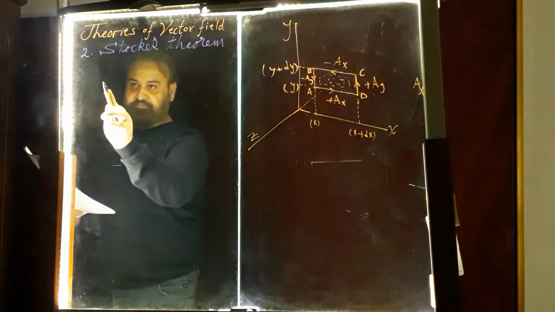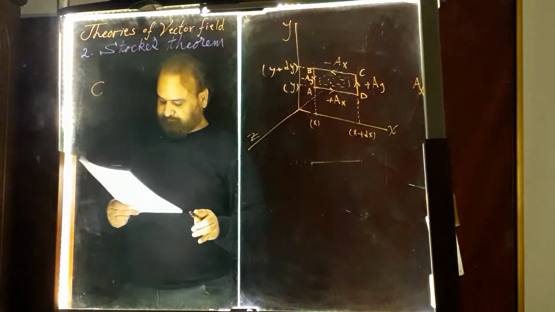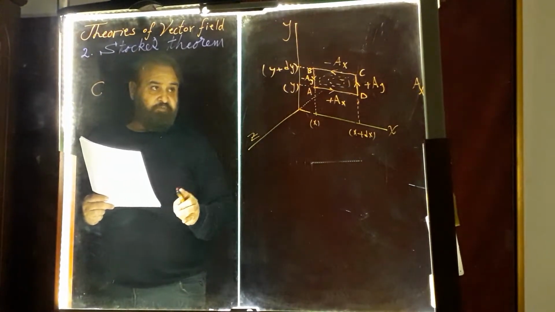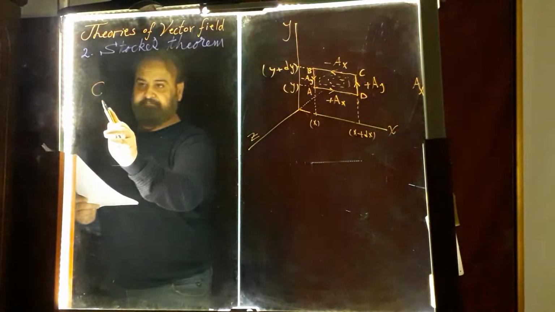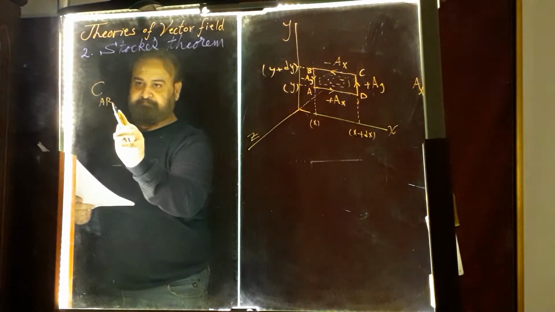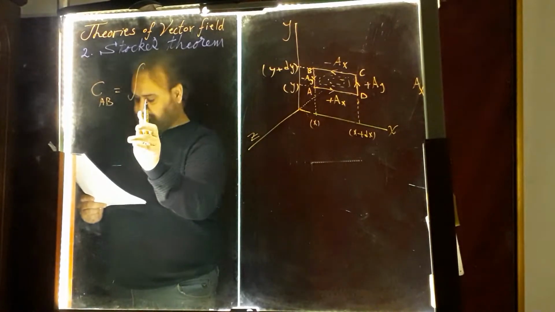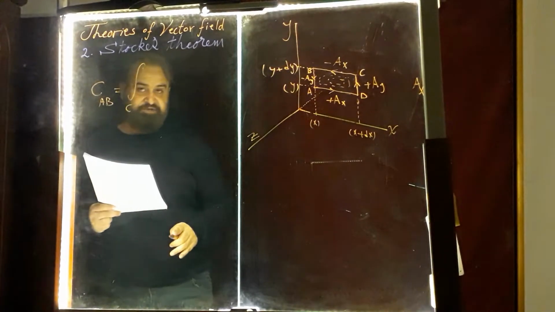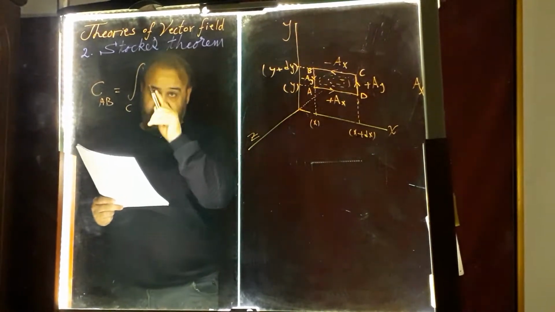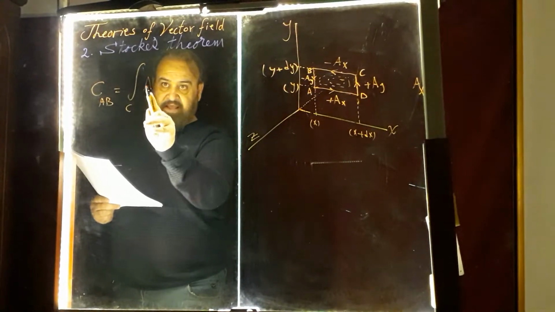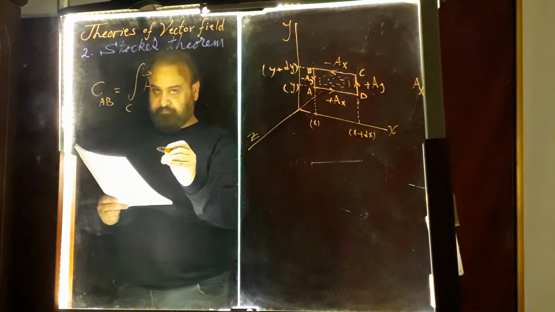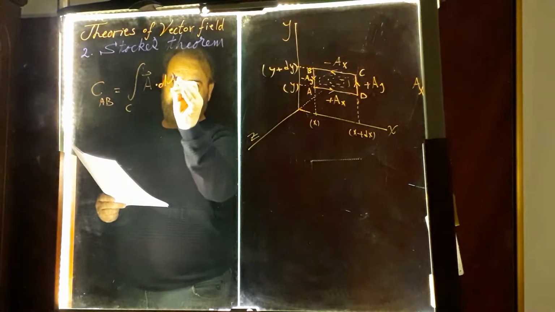The contour, as we see, from A to B equals the line integration, which is called the circulation, of A vector dot dl.